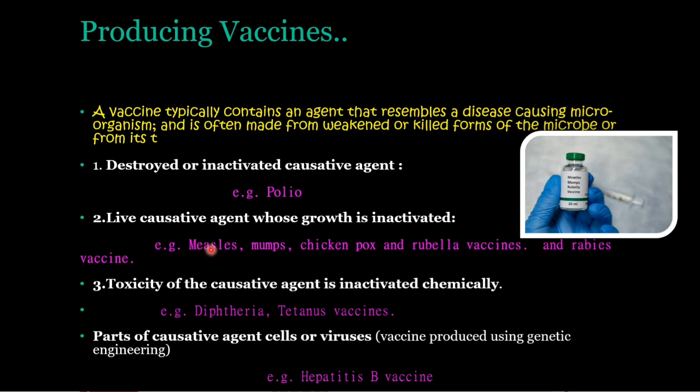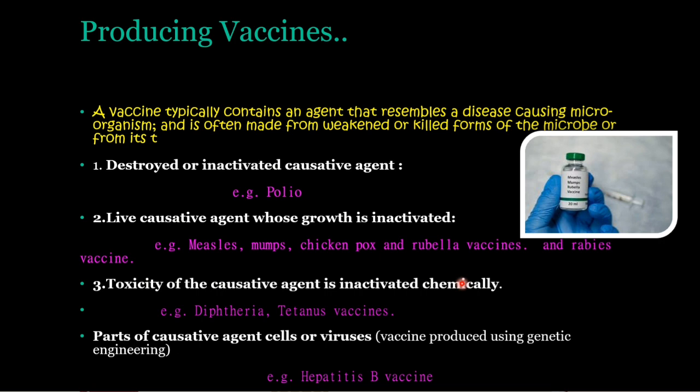Examples for that are measles, mumps, chickenpox and rubella vaccines and rabies vaccines. Here you can see a vaccine used for measles, mumps, rubella. This is the vaccine used for these three diseases. And the third one is toxicity of the causative agent inactivated chemically.